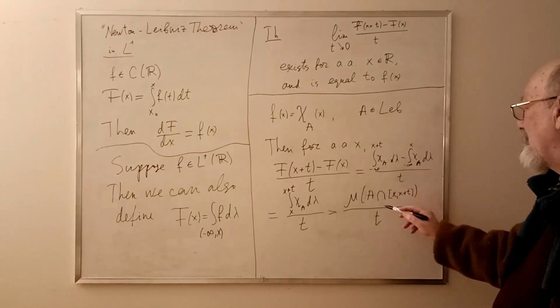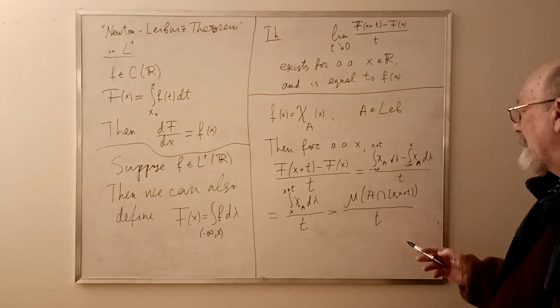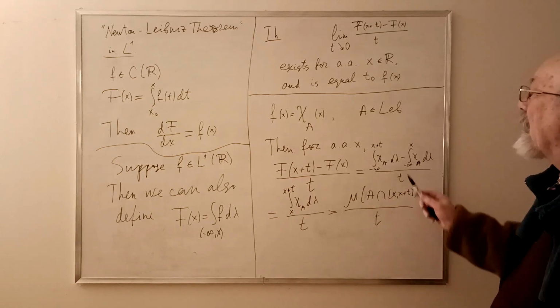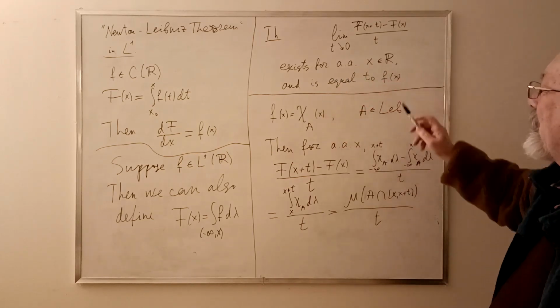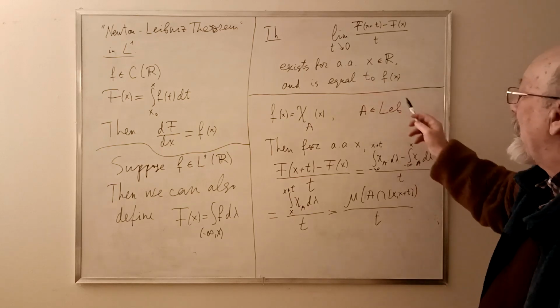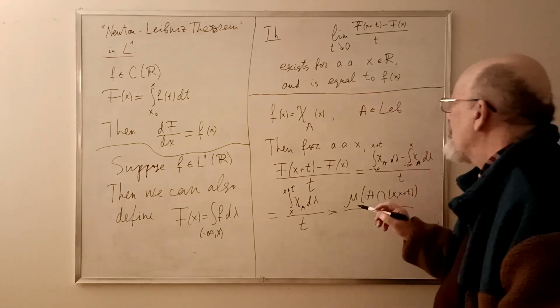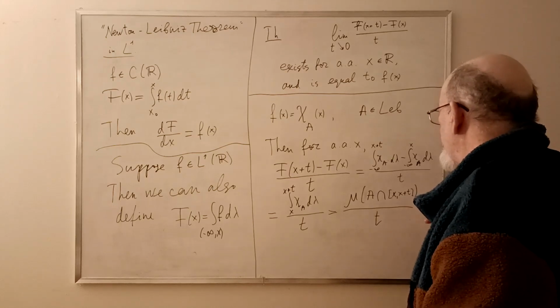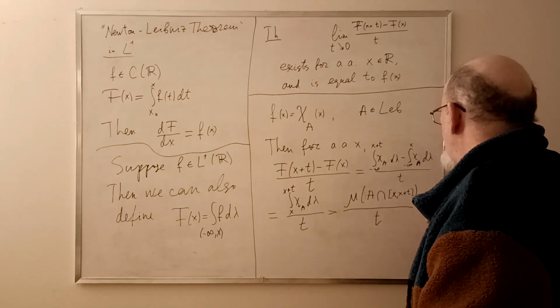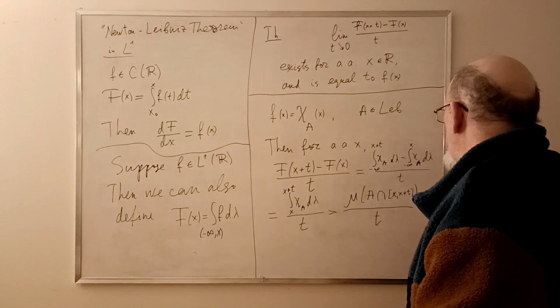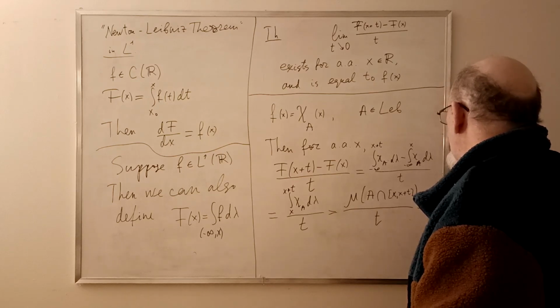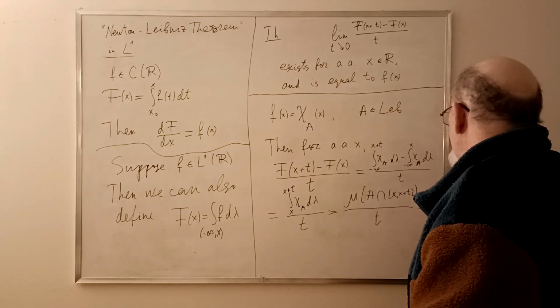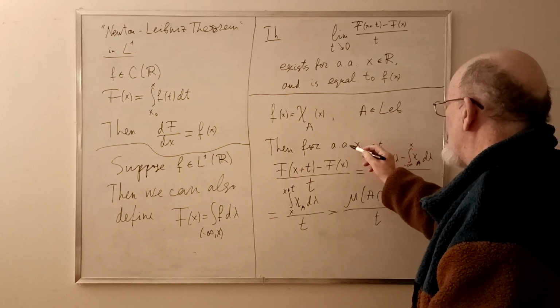And by this theorem, for almost all x, this is equal to chi A of x, for almost all x.